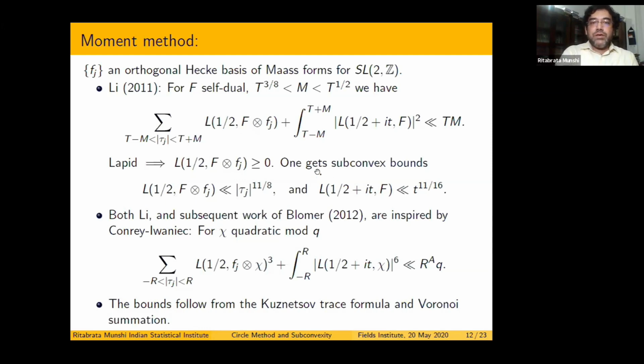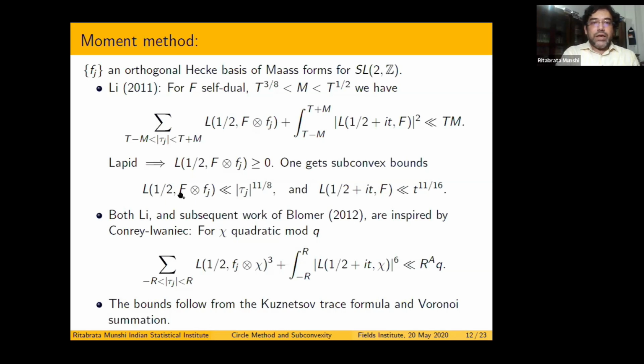And from this, Li derived subconvex bounds for this GL3 cross GL2 L-function, in terms of the spectral parameter of the GL2 form. The convexity bound would have been 13 by 8, or 3 by 2, and she got 11 by 8. So it's 1 by 8 better than the convexity bound.